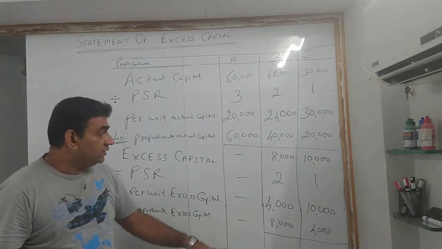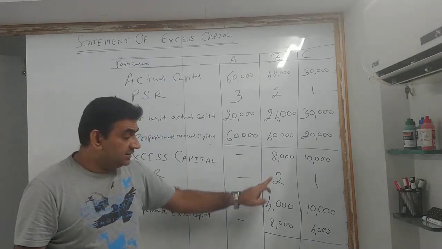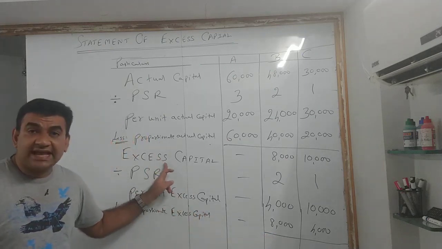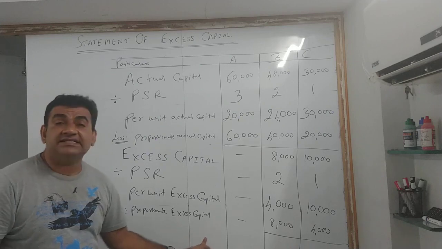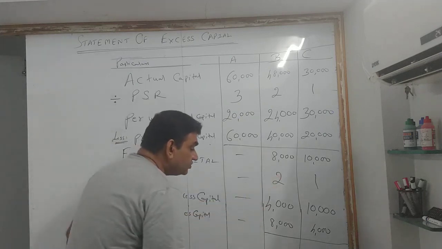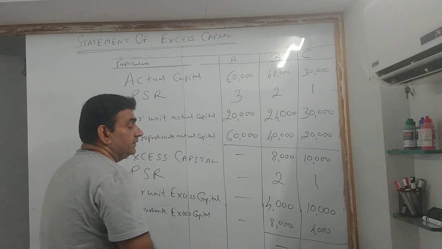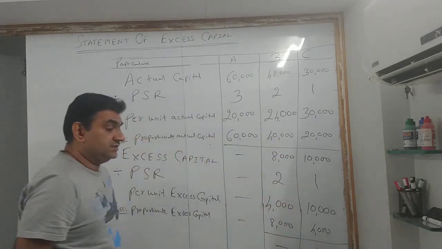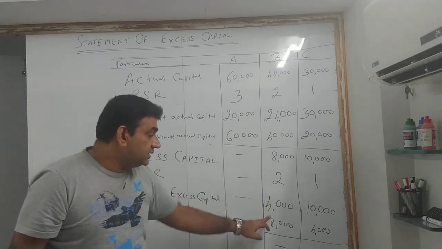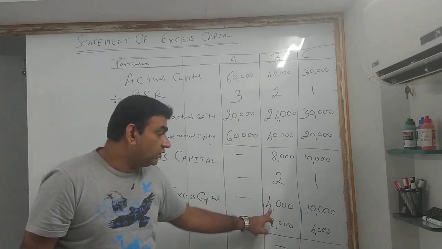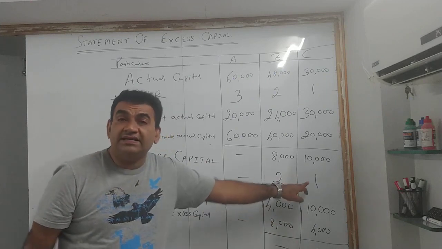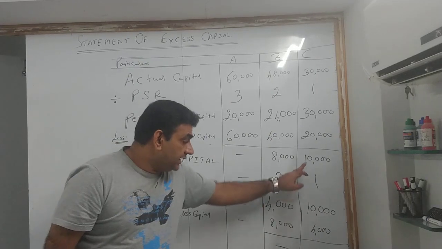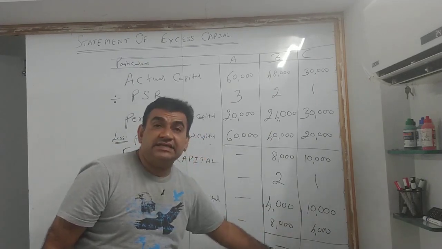Now what you will do? Excess capital less proportionate excess capital. Take the difference. 8,000 minus 8,000, 0, and 10 minus 4, that will give you 6. 10, 4 I multiply by the respective PSR. 8 minus 8, 0. 10 minus 4, that is 6.